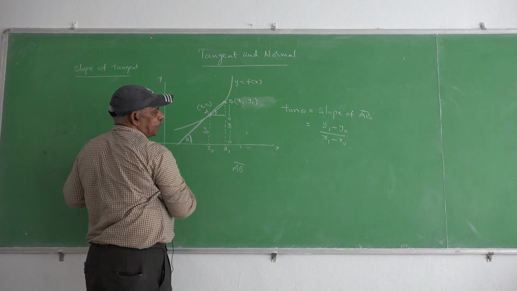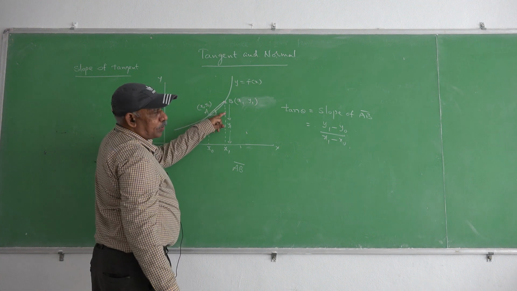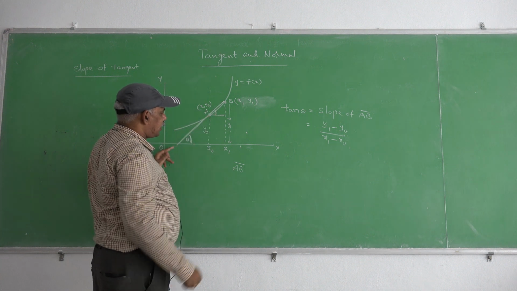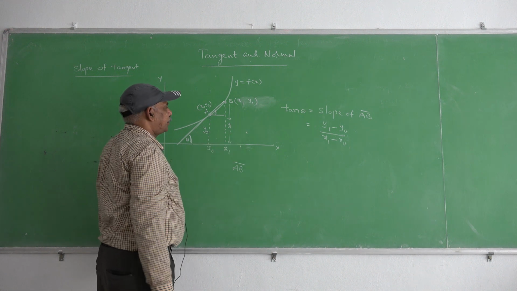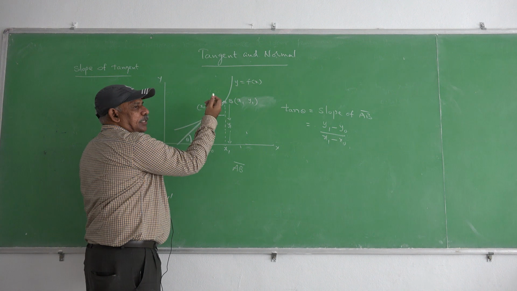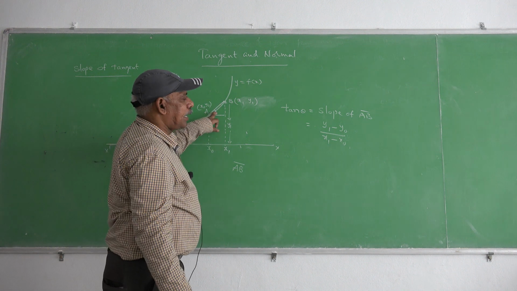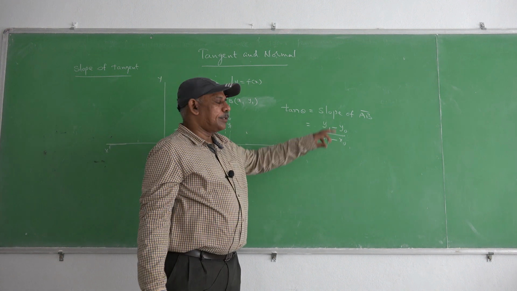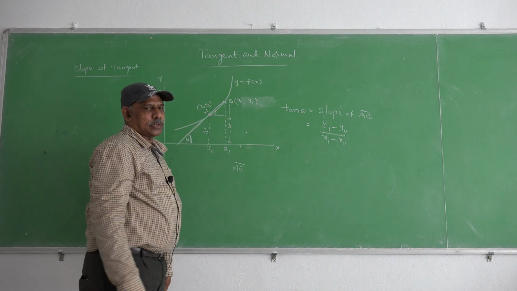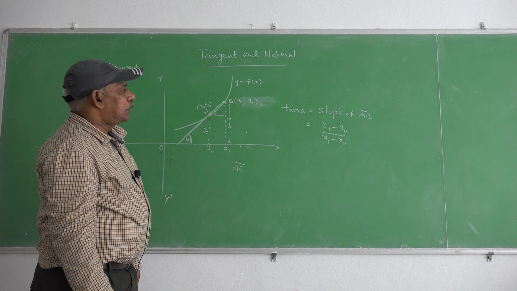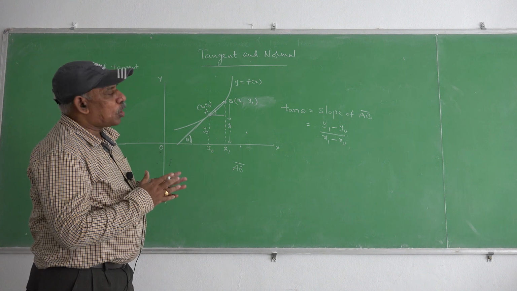So, this length is y1 minus y0, by this length x1 minus x0, since this length is x1 and this is x0. This angle is the same as this angle. So, tan theta is given by (y1 minus y0) by (x1 minus x0). This is the slope of the chord AB.